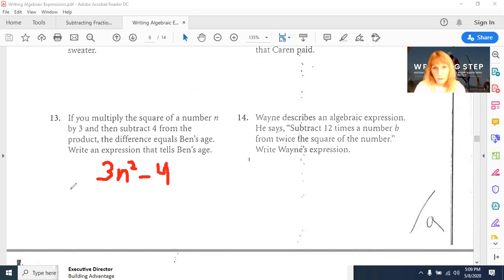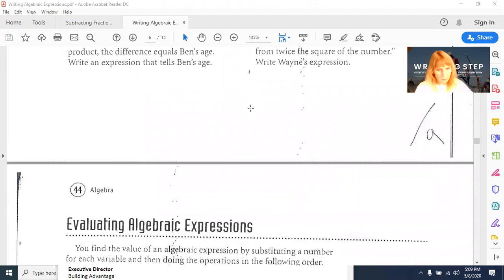Then that is equal to Ben's age. So 3n squared minus 4. Okay, clear my drawings. Let's see what is next.